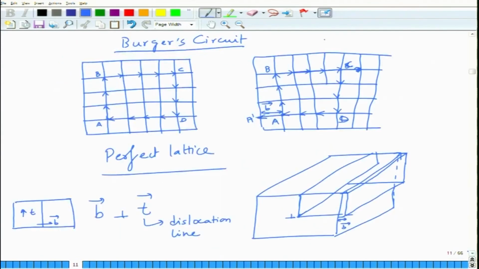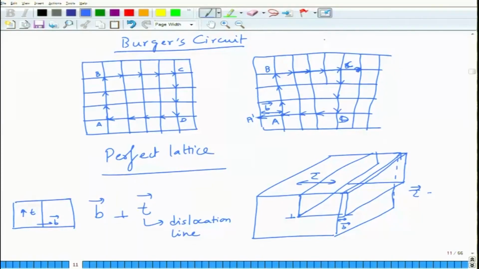And let me tell you, these dislocations in the materials move out of the crystal when you apply stress. For example in this case, when you apply stress in this direction, tau, this extra row of atoms will move out. Now look at the relation between stress, line vector and the Burgers vector.